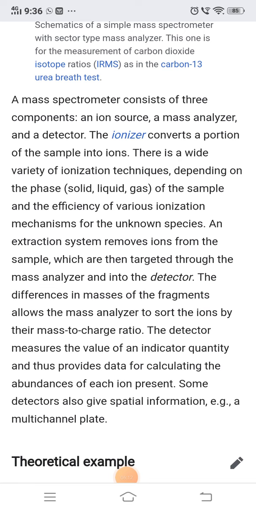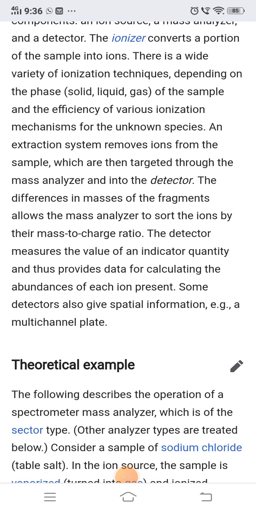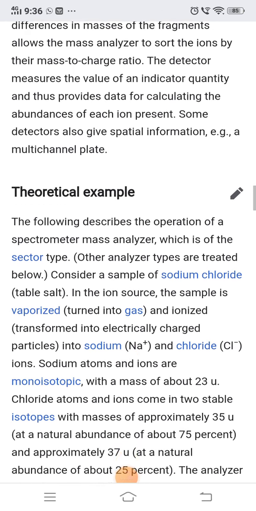The differences in masses of the fragments allow the mass analyzer to sort the ions by mass to charge ratio, and the detector measures the value of an indicator quantity and thus provides the data for calculating the abundance of each ion present. Some detectors also give spatial information, for example a multi-channel plate.